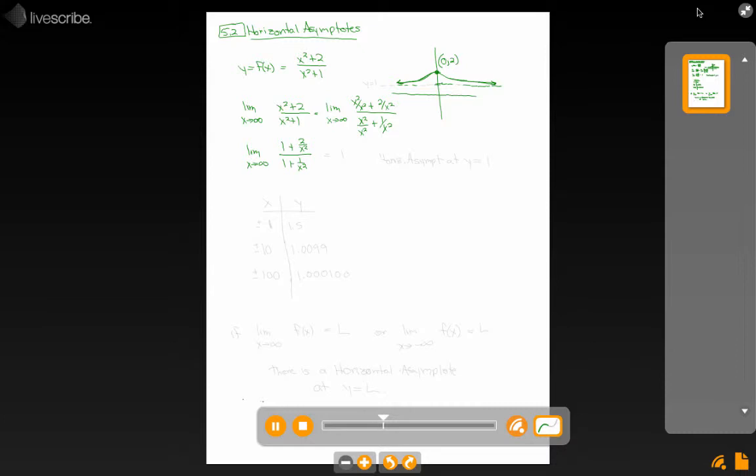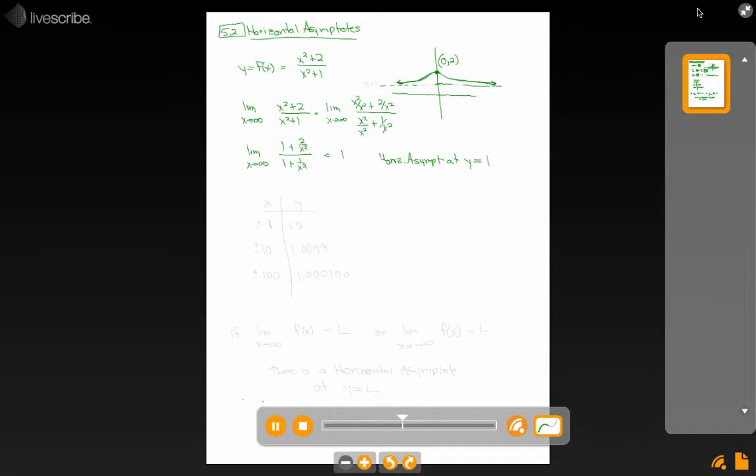Now, as x goes to infinity, this ends up becoming 1 over 1, because 2 over a huge number heads towards 0, and 1 over a huge number heads towards 0. And the truth is, this happens whether you put in infinitely large positive numbers or infinitely large negative numbers. And so what you have here is a horizontal asymptote at y equals 1.